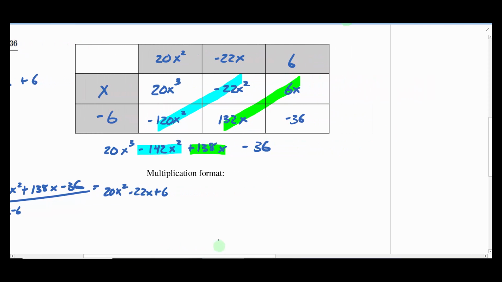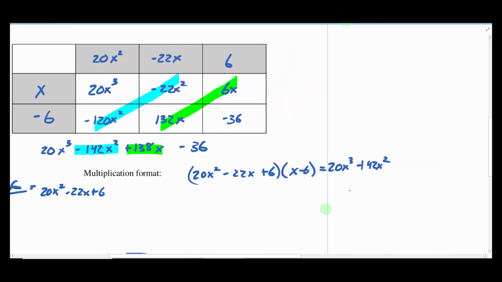In multiplication format, we can write it out as a multiplication. So we can take the polynomial that's up here times the polynomial on the side. So we could say 20x squared minus 22x plus 6, put that in a set of parentheses, times x minus 6 equals our polynomial down here, that 20x to the third minus 142x squared plus 138x minus 36.